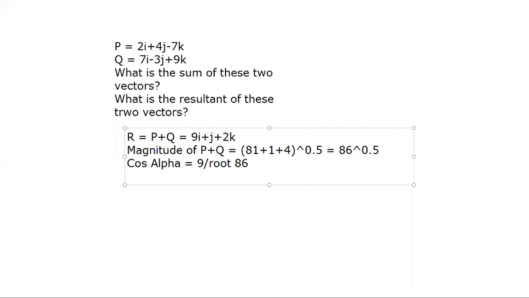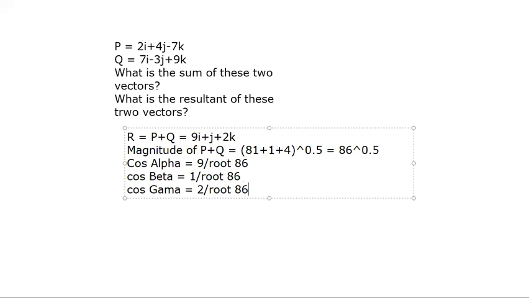Cos beta is equal to 1 by root 86. Good. And cos gamma is equal to 2 by root 86. Very good.